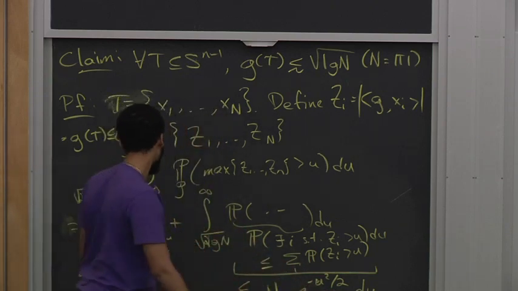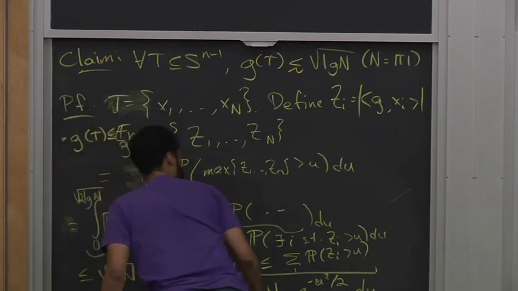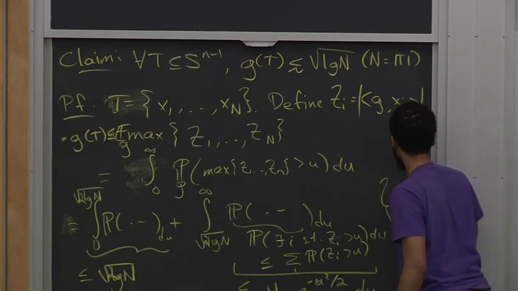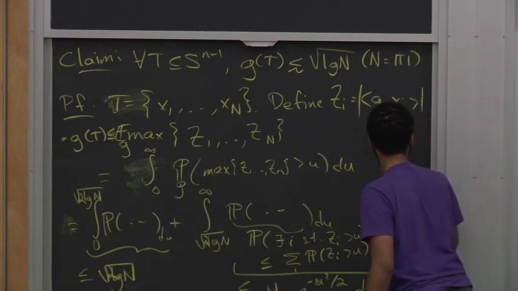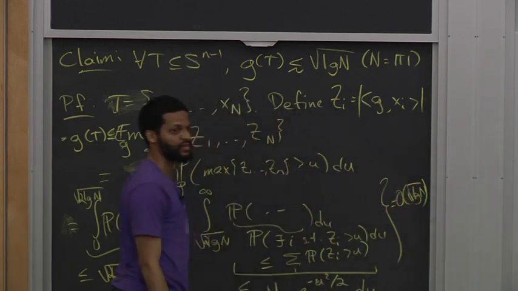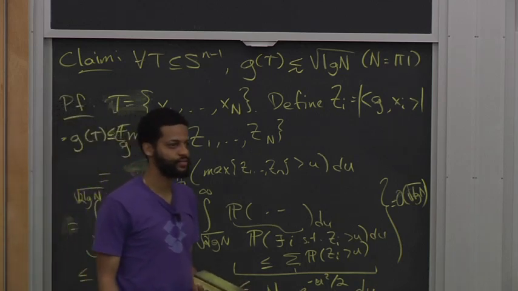So this whole thing overall is root log n plus a constant. So this whole thing is root log n. So this thing is always at least as good as JL, but it can be better.